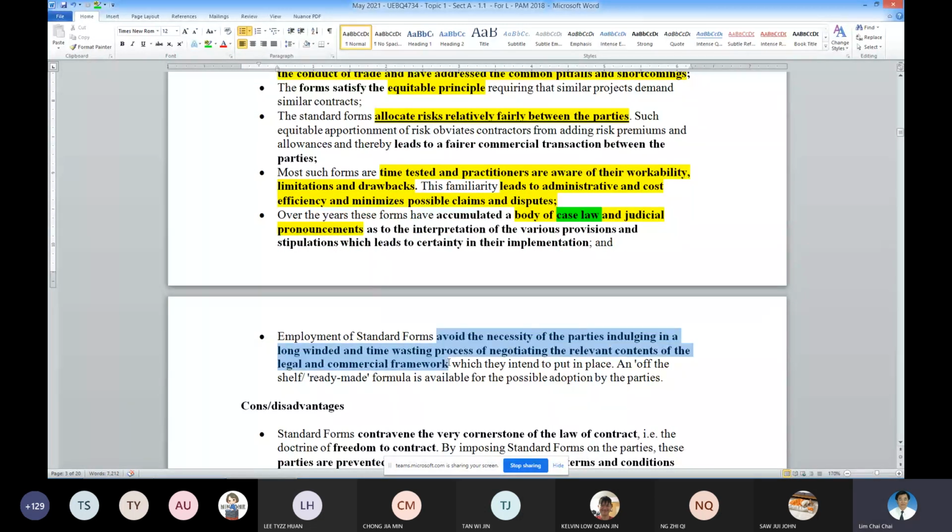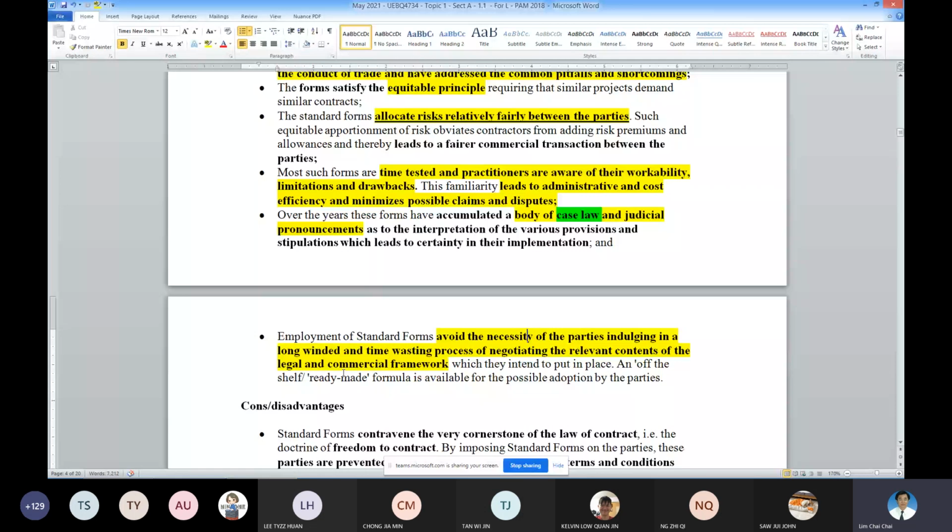With all these terms known, the filling up of the contracts and negotiation and everything will be much faster. So these are the advantages of using the standard form.